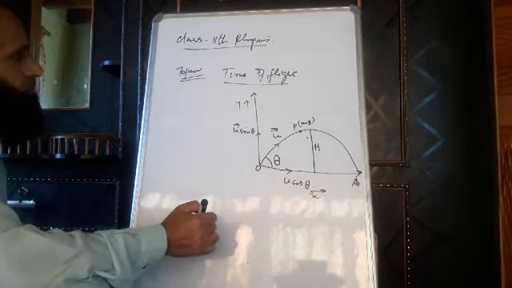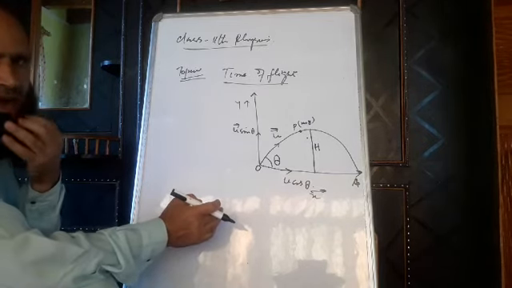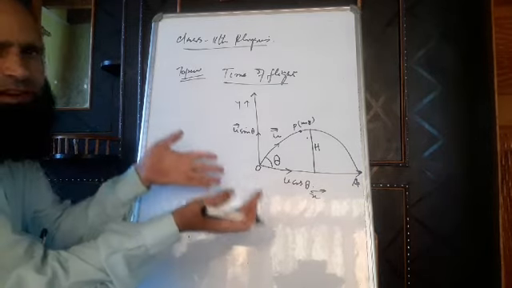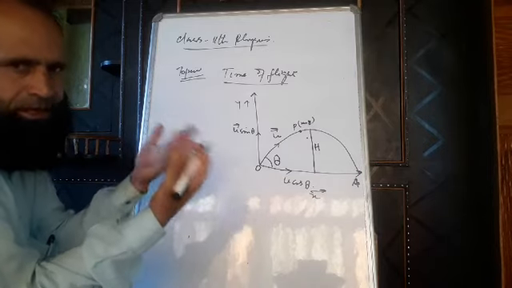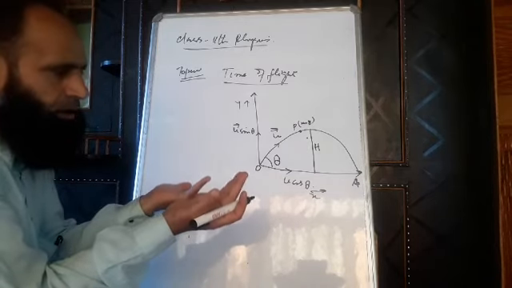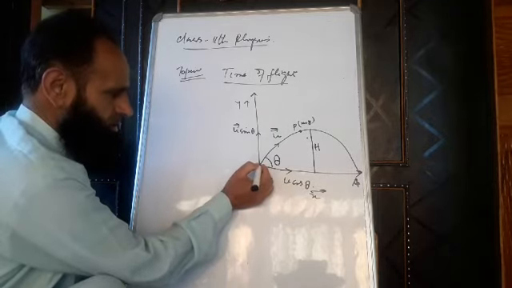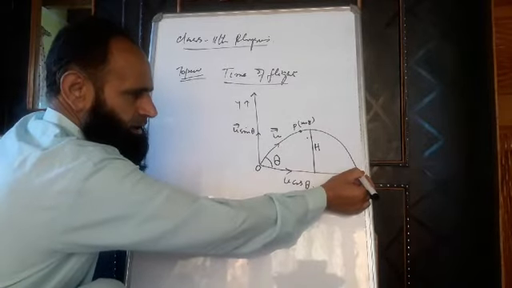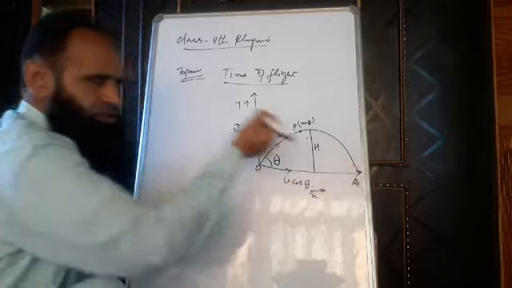What do you mean by time of flight? It is the total time in which the projectile may remain in flight, or in air. For example, if we throw the projectile from this point O, it remains in air until point A, where it touches the ground.